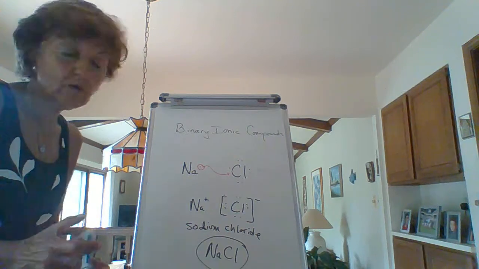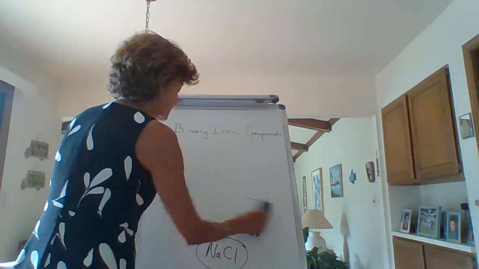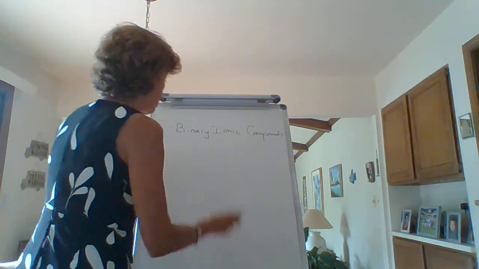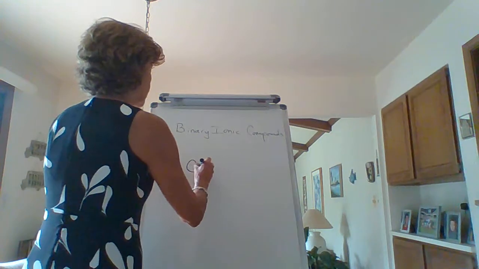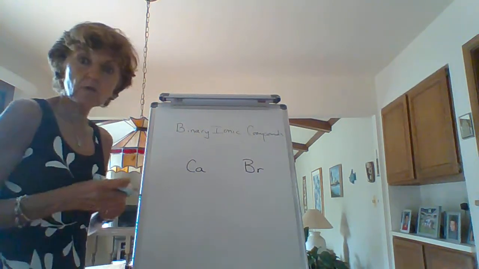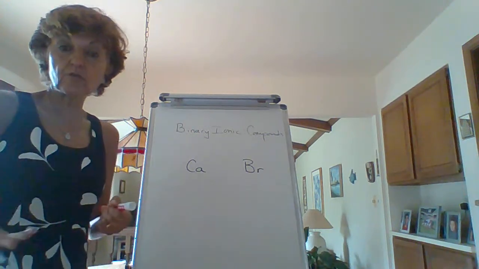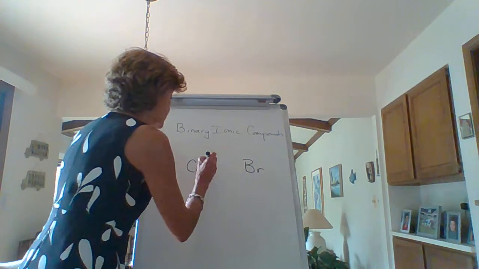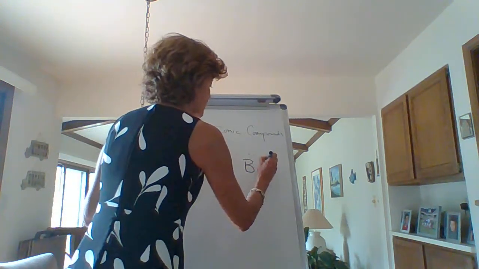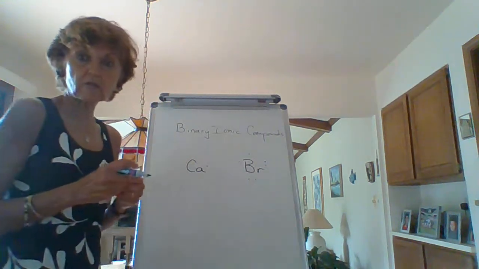Okay, let's do another one. Let's say I've got calcium and bromine. Okay, calcium has how many valence electrons? It's in group 2A, so it's got 2 valence electrons. Bromine is a halogen, just like chlorine. It's got 7 valence electrons.